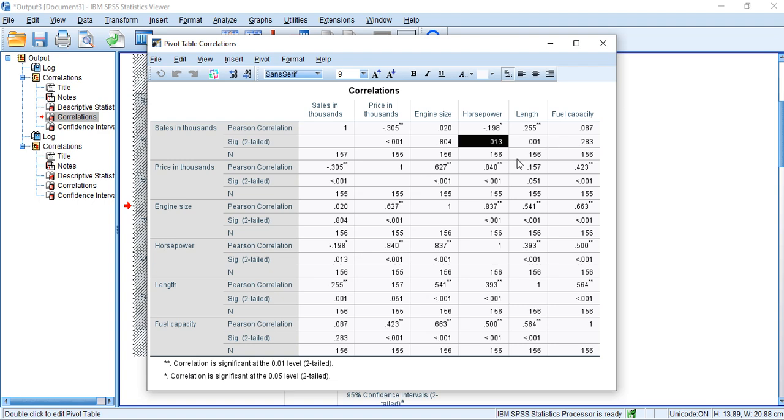So there is a relationship between sales and horsepower.